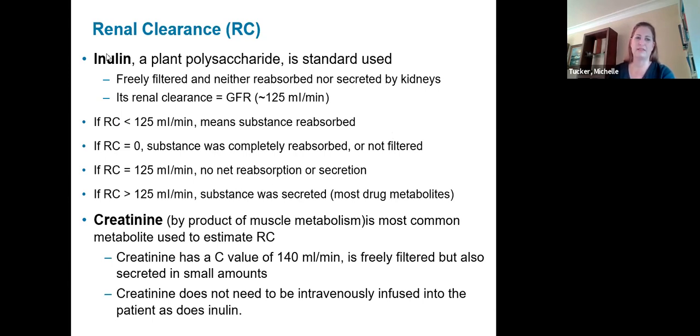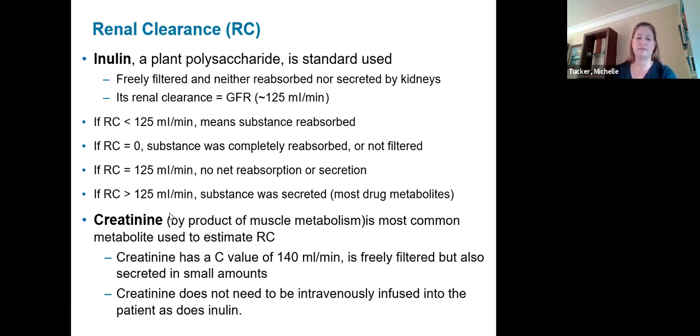Okay, so inulin is ideal because it is freely filtered, not reabsorbed, not secreted, but you have to infuse it via IV, and that's a huge hassle. So instead, we use creatinine clearance as a measure to estimate GFR.